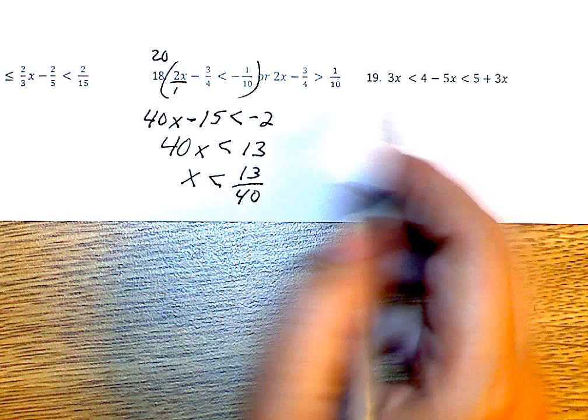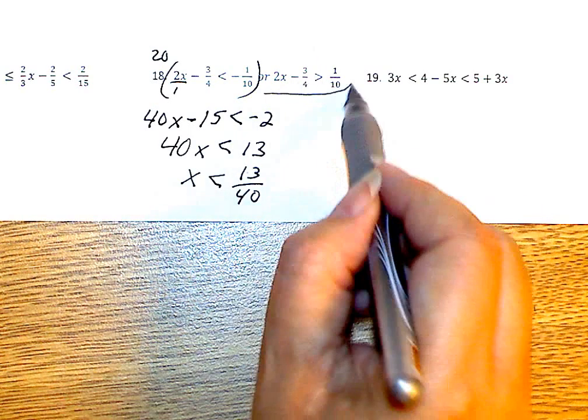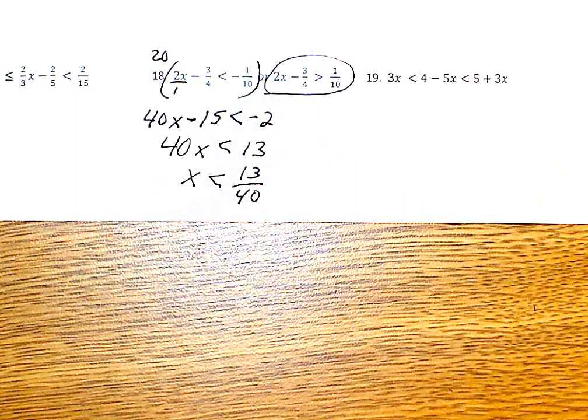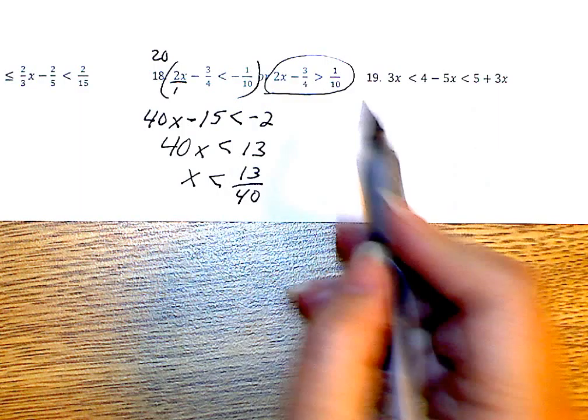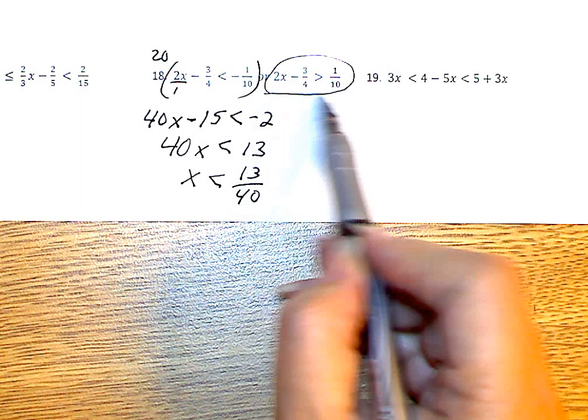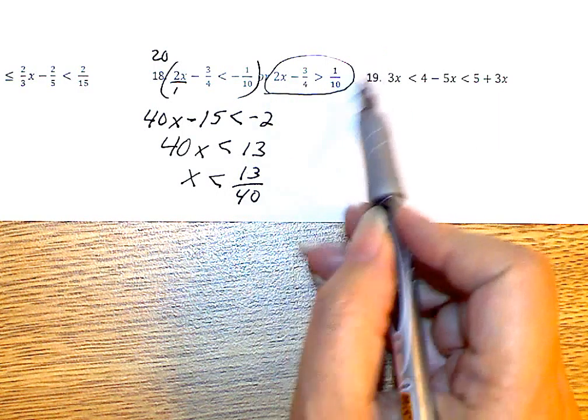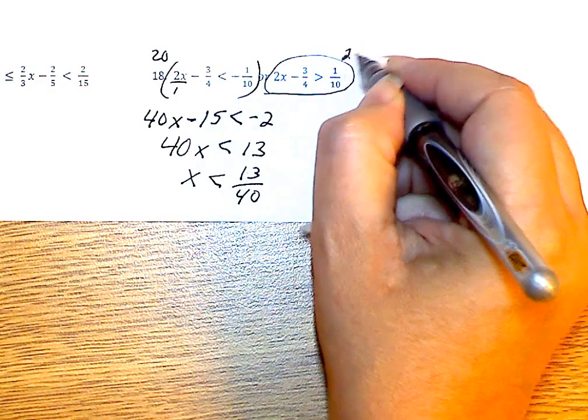I want you guys to try this one. Try this side. What would we have to multiply by? We're looking for a number that 4 goes into and 10 goes into. So again, that's going to be 20.